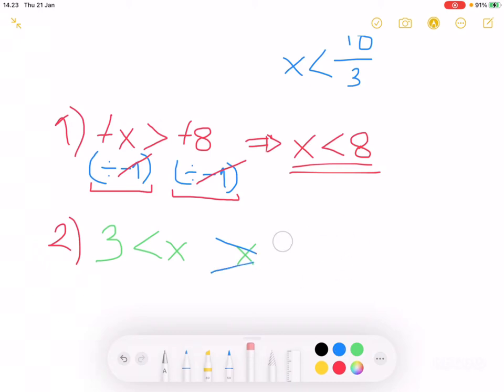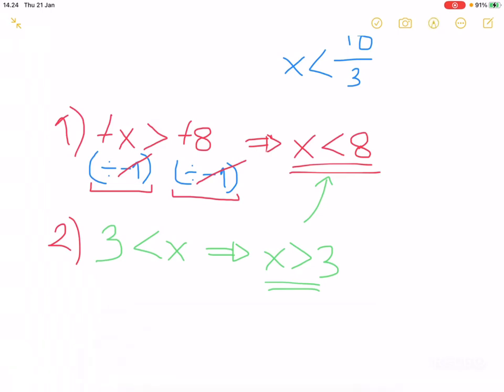This is similar to the first tip. If you flip the variable and a constant, you also flip the inequality sign. Those are the two essential tips when dealing with linear inequalities.